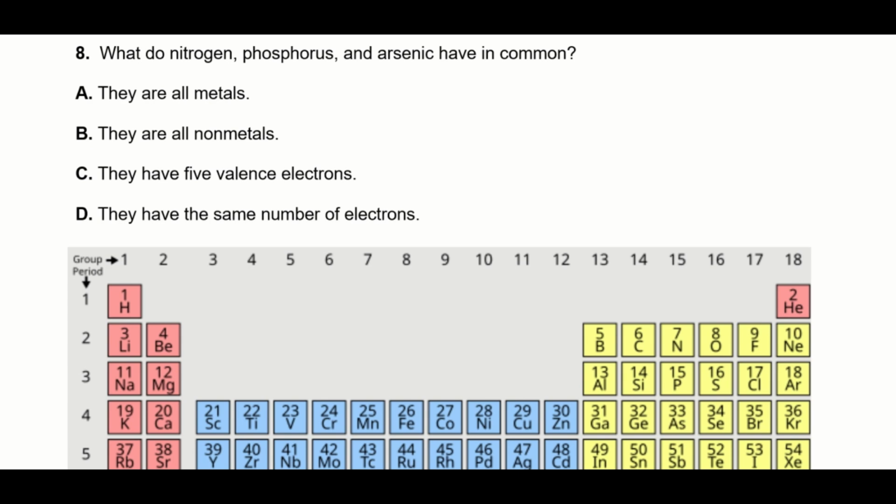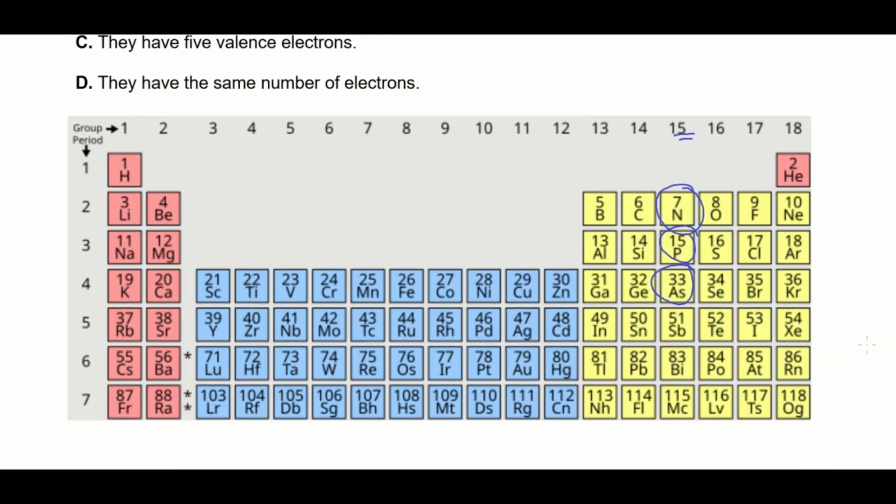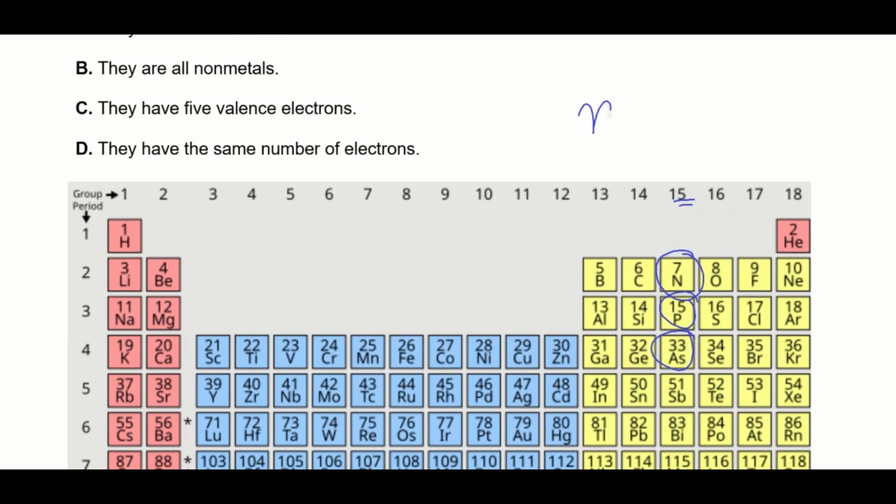All right, nitrogen, phosphorus, and arsenic there, all in group 15. They have 5 valence electrons, 2 in the s and 3 in the p. They all end in ns2 np3. Right? It's 5.